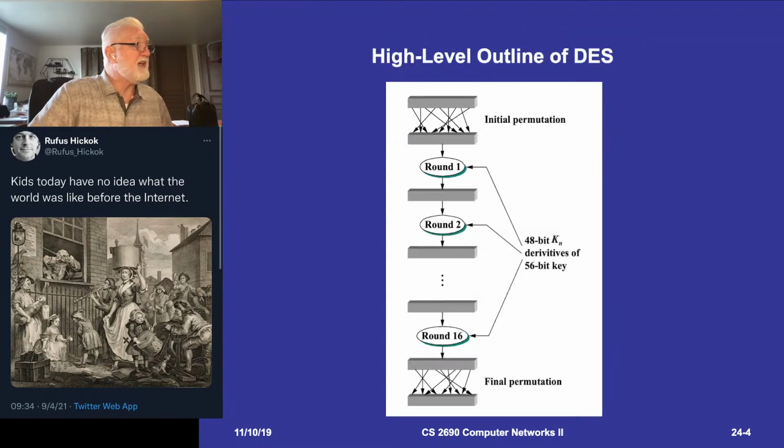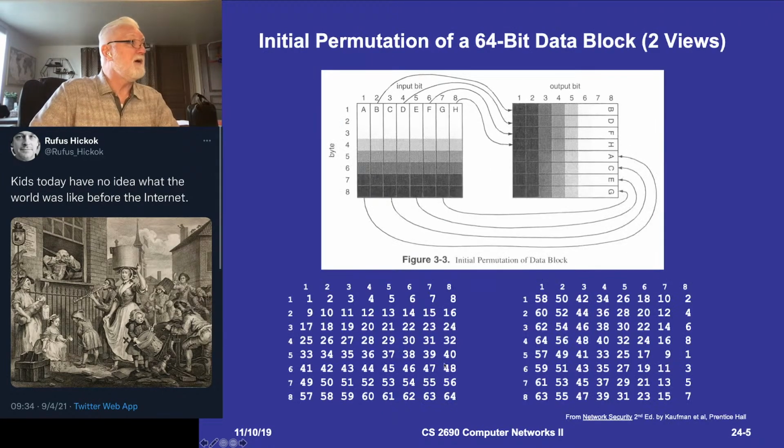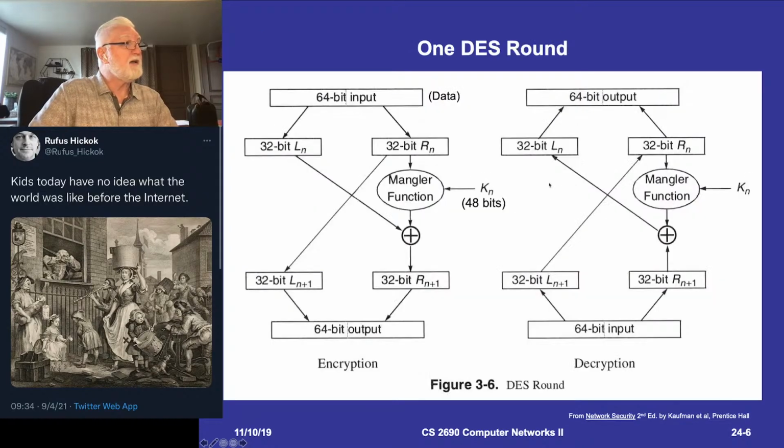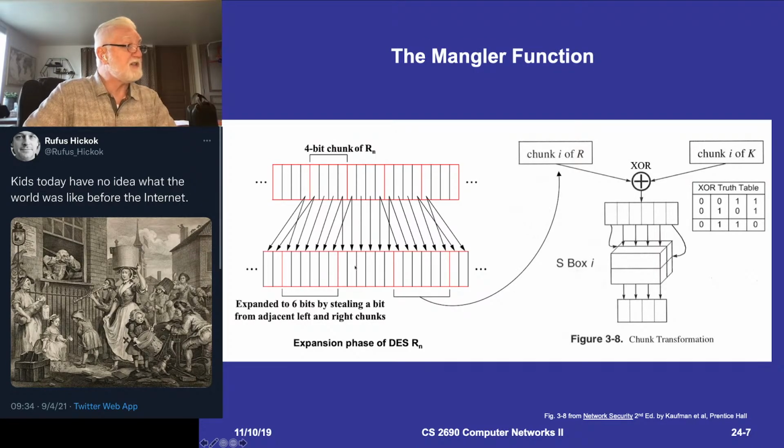Having generated 16 keys, we now do 16 rounds of data encryption. And this is where you permute the data block and then grab each of the permuted data blocks and then run this 16 times, including the mangler function, which is this, in which the corresponding chunk of the key for that round is XORed with the chunk of permuted data for that round to create a 6-bit value, which is mapped to a 4-bit value.